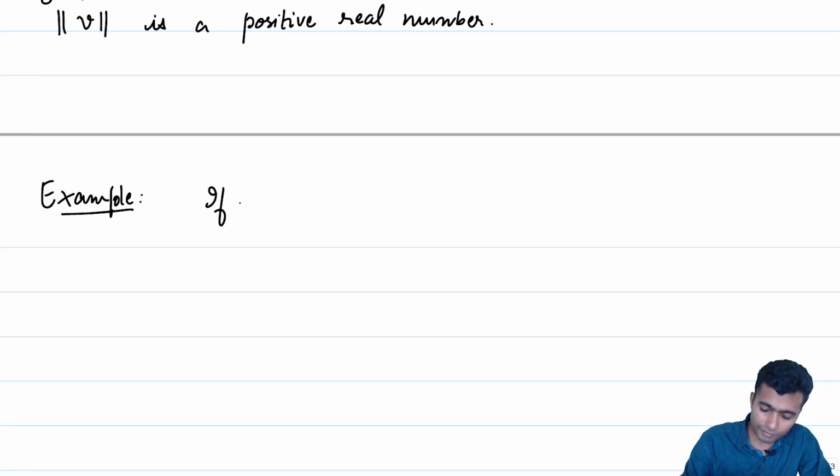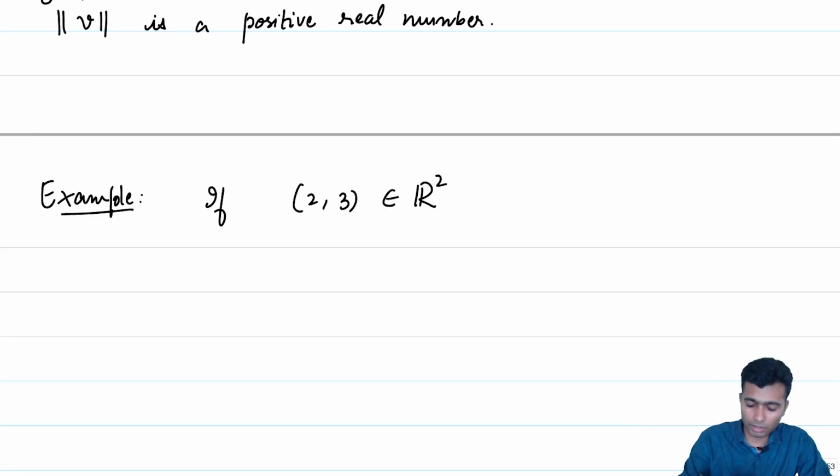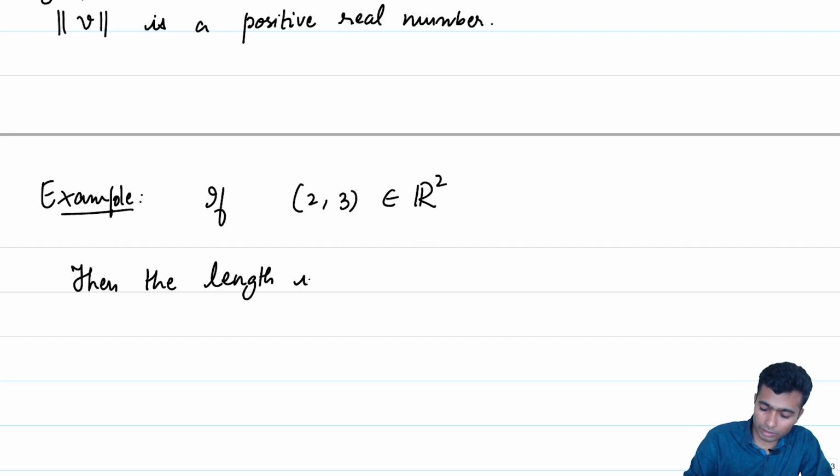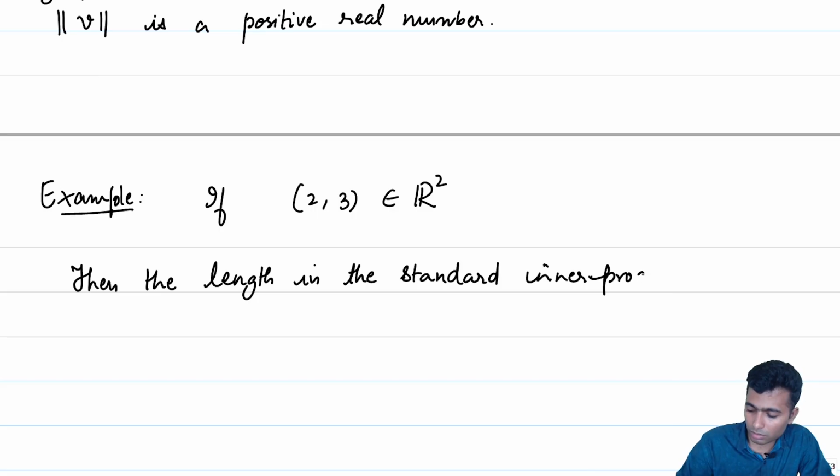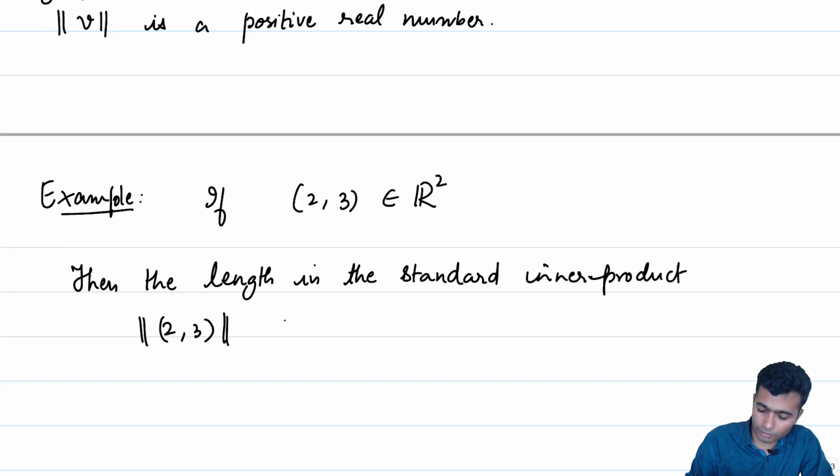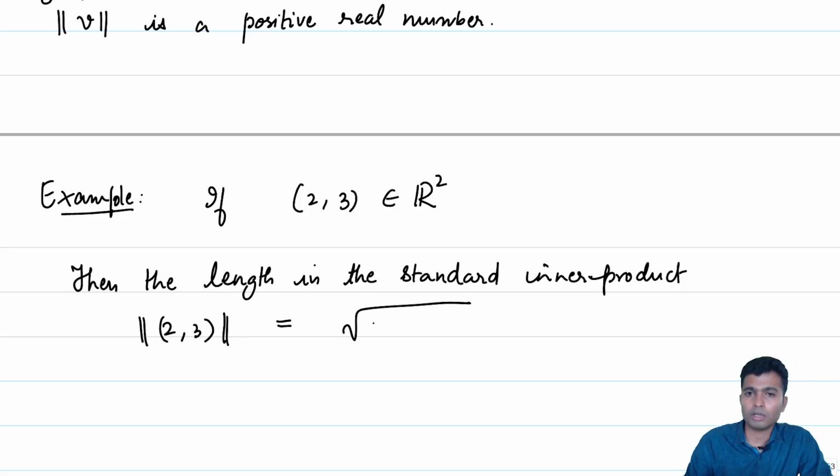So, in particular, if (2, 3) belongs to R2, then the length in the standard inner product, recall that it was just the dot product, is the norm of (2, 3), which is the square root of the inner product of (2, 3) with itself, which is 2 squared plus 3 squared, which is the square root of 9 plus 4, that is root 13.